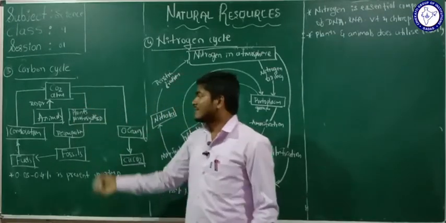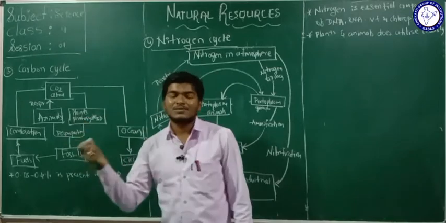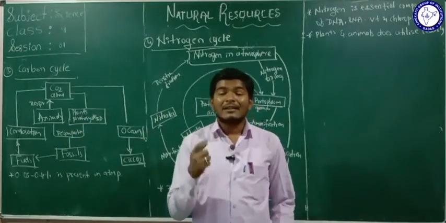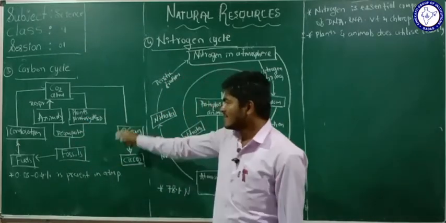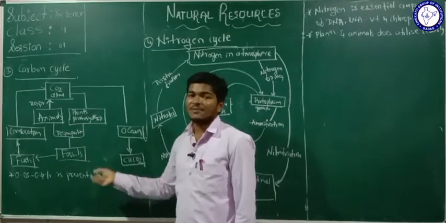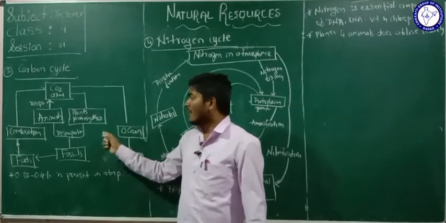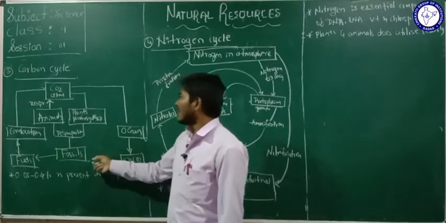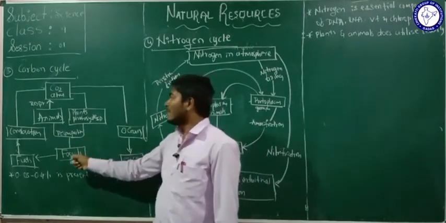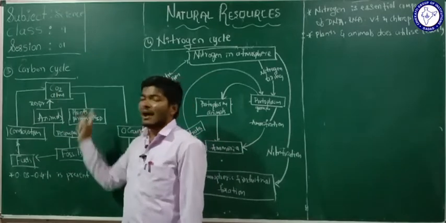But after some time the animal dead bodies which are buried under the soil can be converted into fossil fuels. Fossil fuels also have a large amount of carbon. So on the combustion of the fossil fuels, carbon dioxide is again released to the atmosphere.